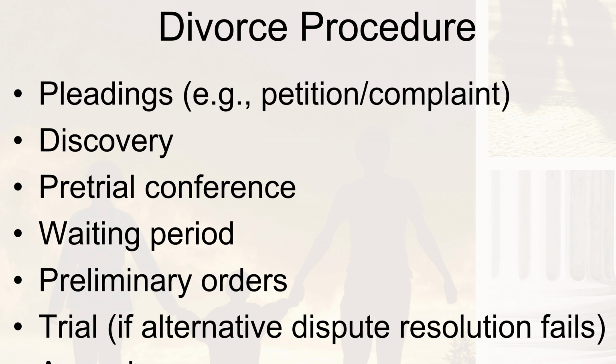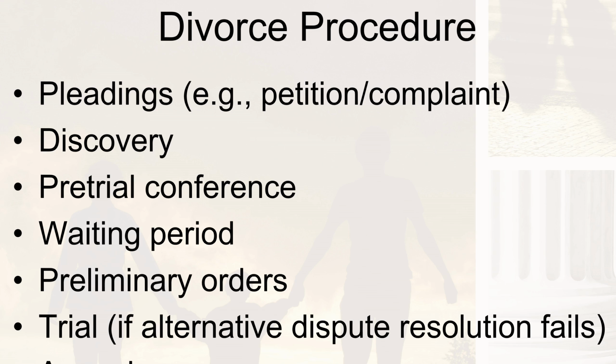Some preliminary orders that can happen pending the outcome of the litigation, or pendente lite, which can also be known as temporary orders, remain in effect only until final determinations are made later on.